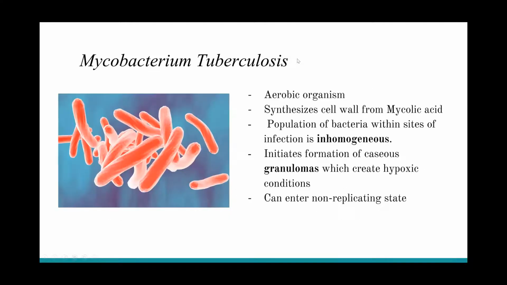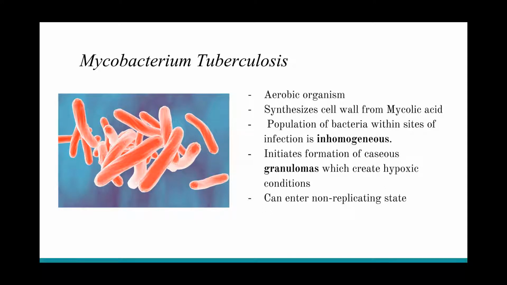Here we have the pathogenic strain that causes tuberculosis, Mycobacterium tuberculosis, and it's mainly an aerobic organism. But within lung tissue, the populations of bacteria are inhomogeneous, and there are both replicating and non-replicating strains available.